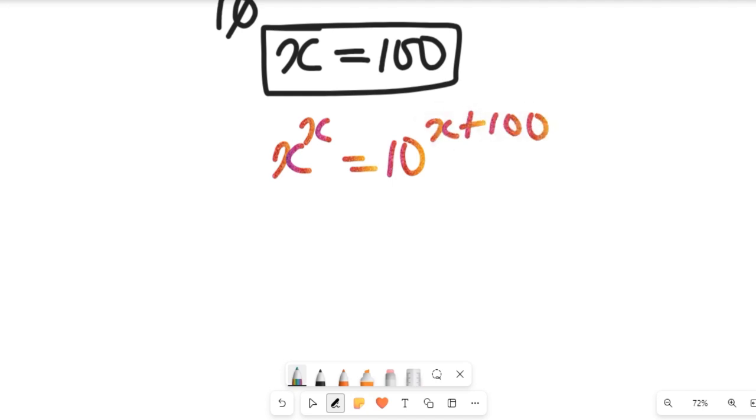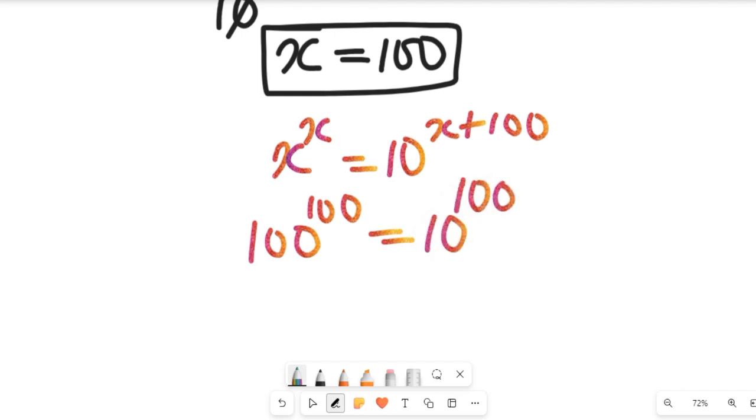Now if we insert the value of x equal to 100, will the left hand side be equal to the right hand side? Let's see. We'll have 100 to the power of 100, and this will be equal to 10 to the power of 100 plus 100. So 100 plus 100 will give us 10 to the power of 200. Now the left side will give us 100 to the power of 100.